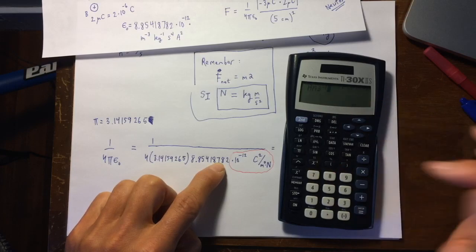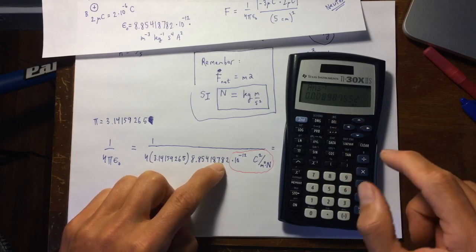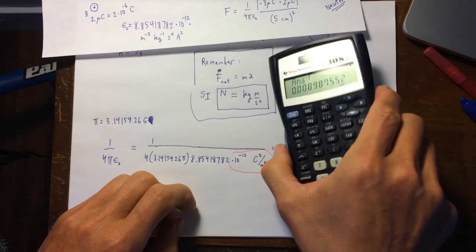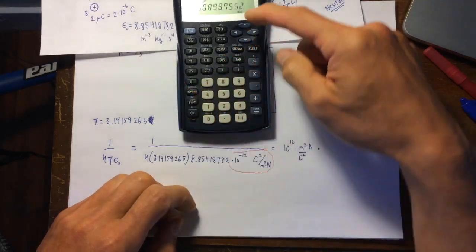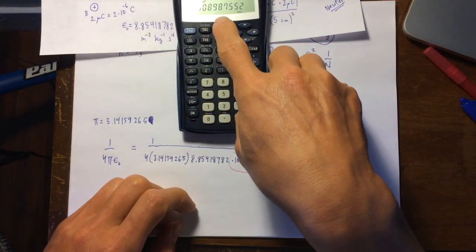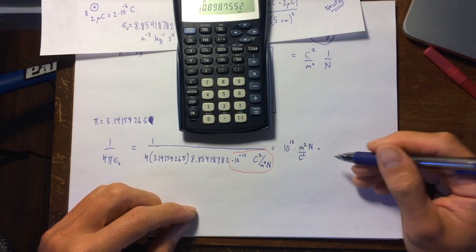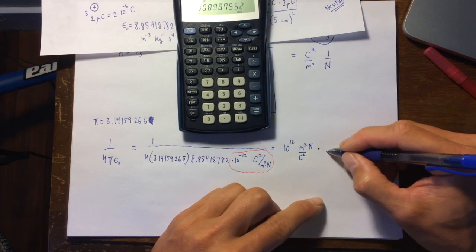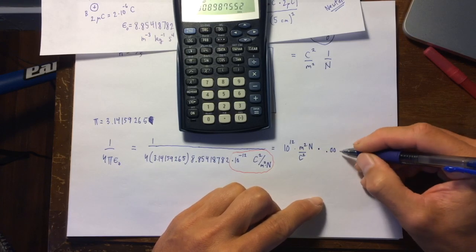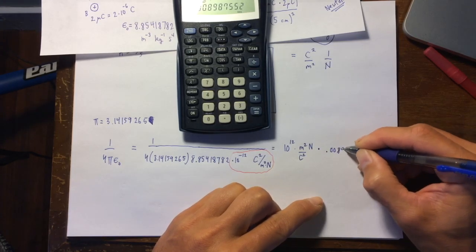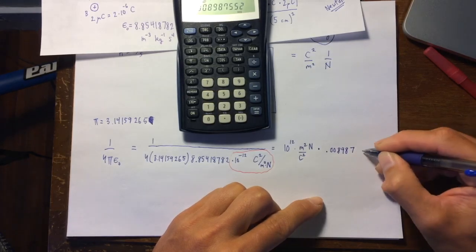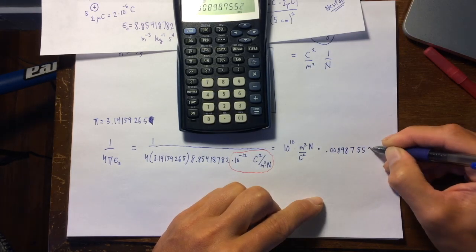So x to the minus 1 flipped over is this 0.008987552, which is only 1, 2, 3, 4, 5, 6, 7 significant figures. The calculator wouldn't calculate for me 9. So this is 0.008987552.